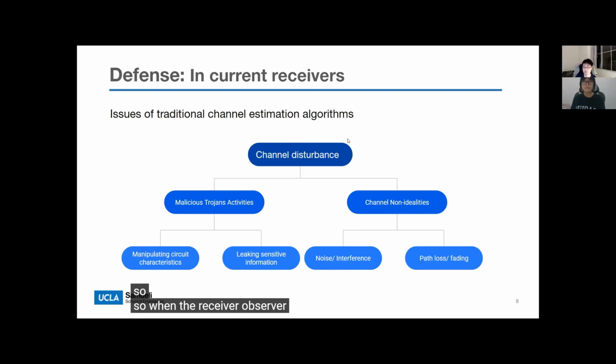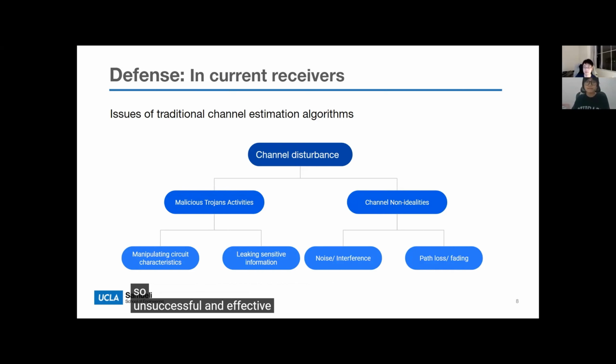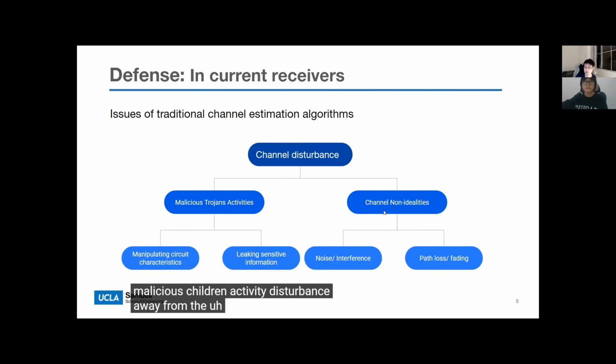So when the receiver observes a channel disturbance, it could either come from malicious Trojan activities, or it may come from channel non-idealities, like noise, interference, or path loss and signal fading. So, a successful and effective defense mechanism must be able to separate this malicious Trojan activity disturbance from the channel non-idealities itself.